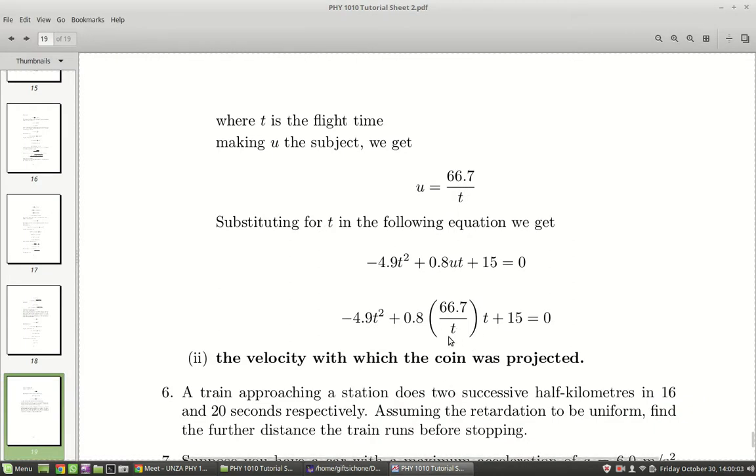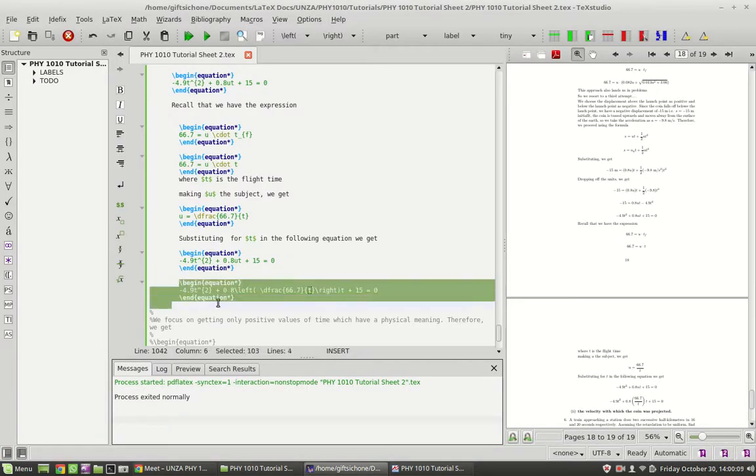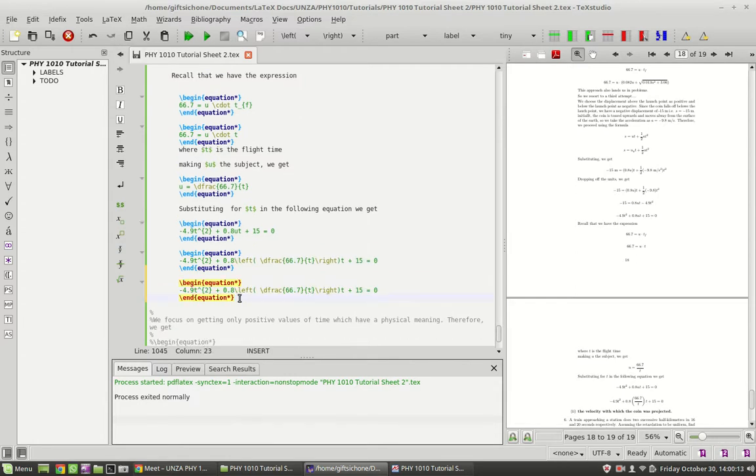When you do this, this t and that t cancel out. So we end up having 6.7.